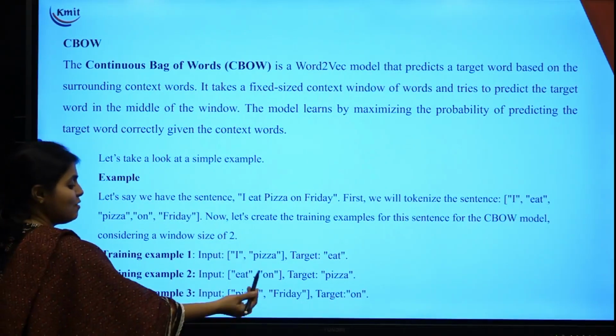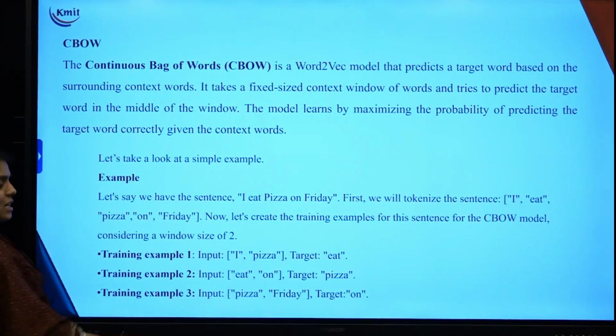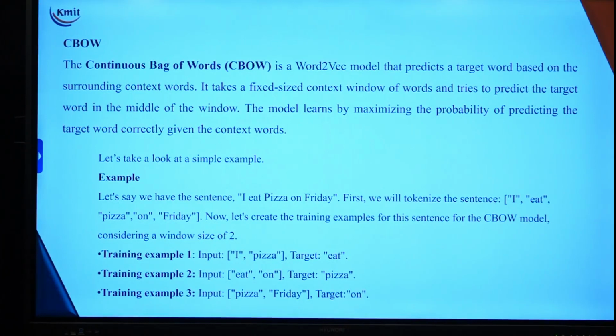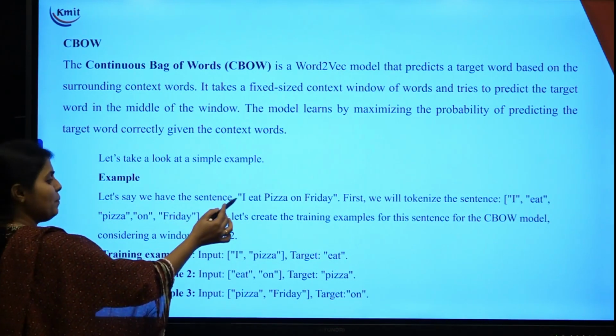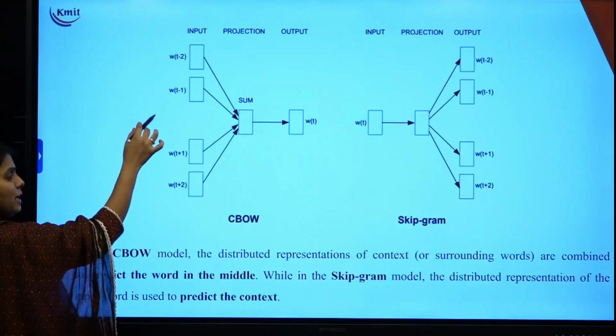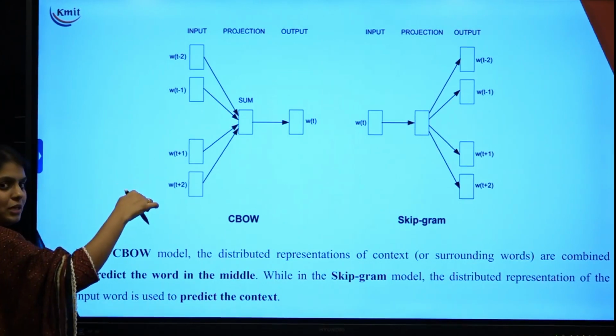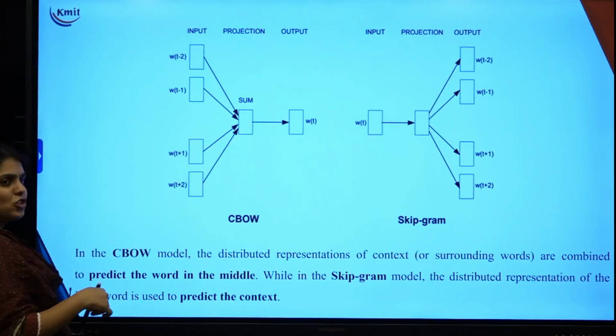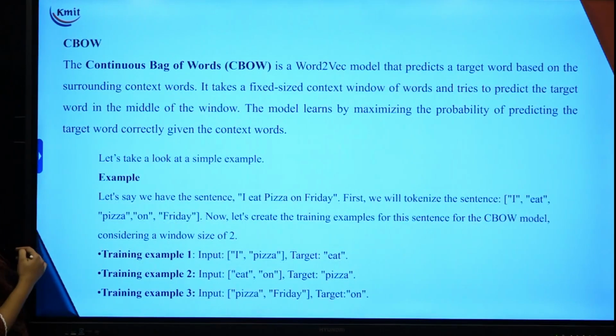When I give pizza, Friday as inputs in the context, the target word predicted can be on. So based on the tokens that are generated from the sentence, the context will be given as input, out of which the missing words will be generated as the meaning.